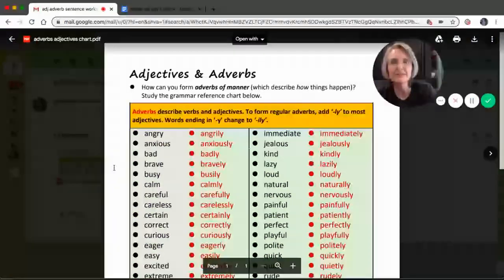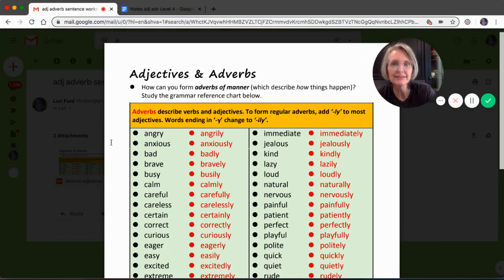So here you see these words, angry. So you could say like, she was angry. She angrily marched upstairs because she was angry. Anxious means like if you are nervous about something, she was anxious about the test.